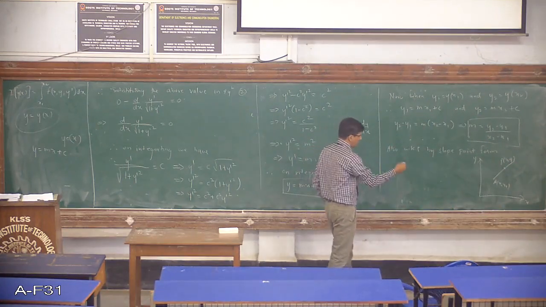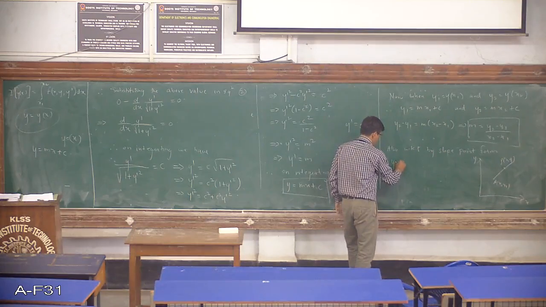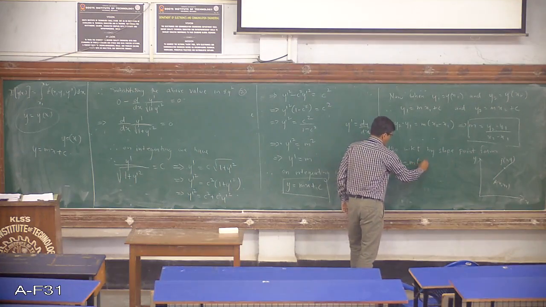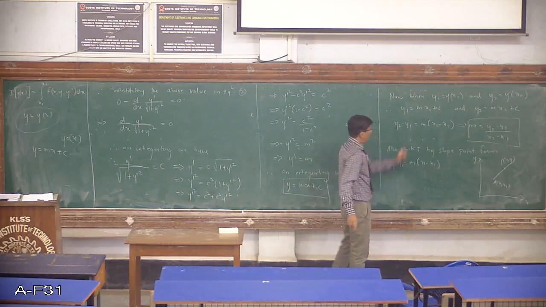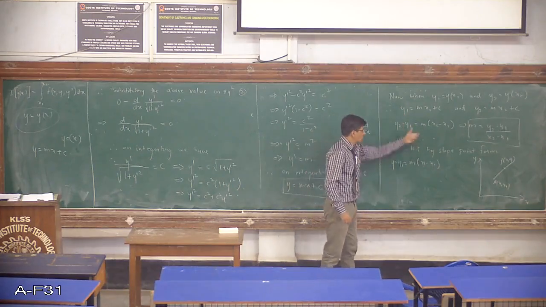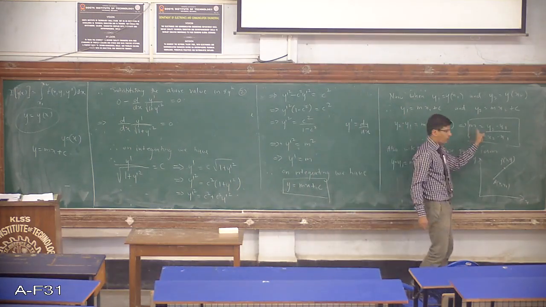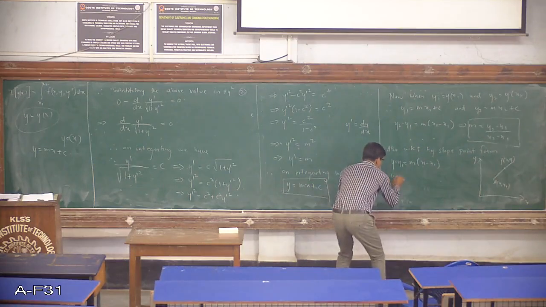So what is the point form? It is y minus y1 is equal to m times x minus x1. If you take any point over this and you know the slope, you can in general write it making use of this.